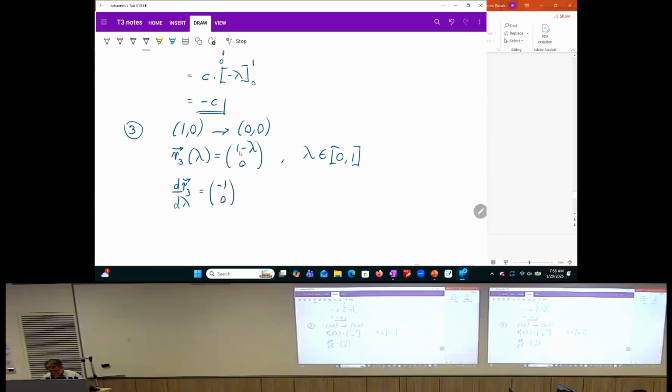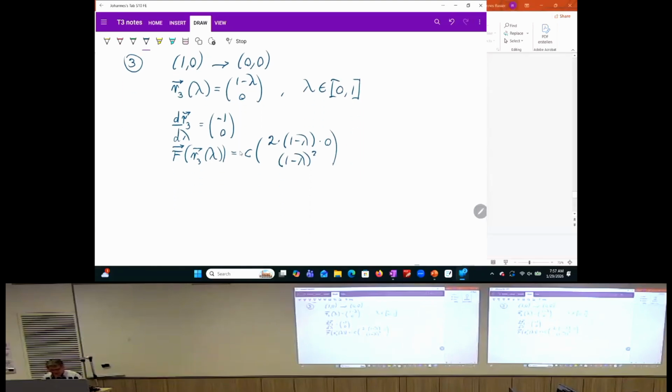Then take the force field, the parametrized one, that is c times, here the x becomes 1 minus lambda. The y is 0, and here we have x, 1 minus lambda, and everything here squared. That is our parametrized force field. So insert that for the third segment, parameter running again from 0 to 1, c times force field.